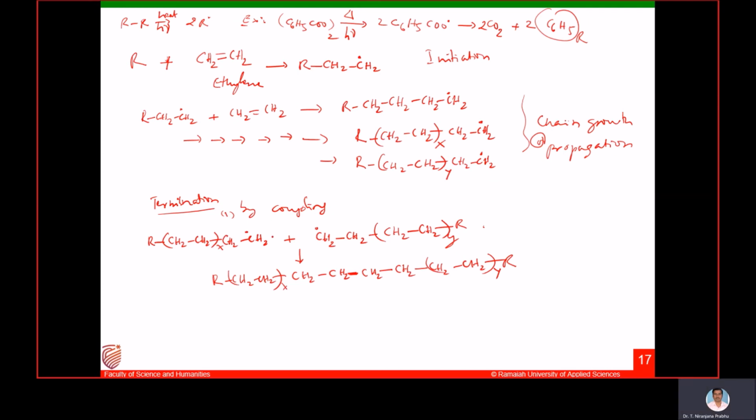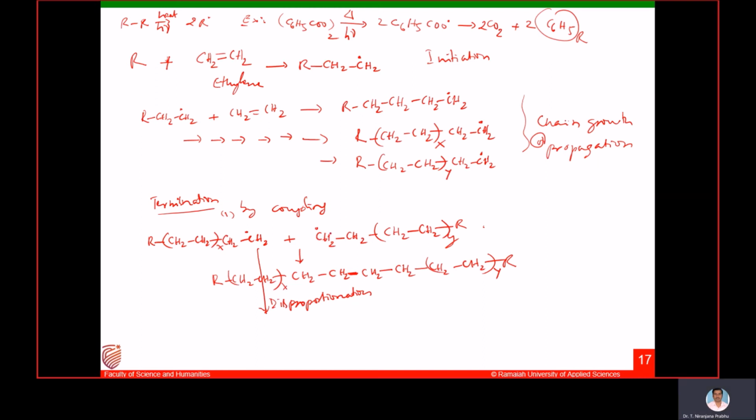Termination by disproportionation. The same two chains I will show here by disproportionation. What is this disproportionation? One of the hydrogens is abstracted and attached to this.